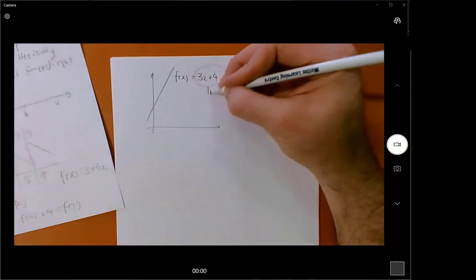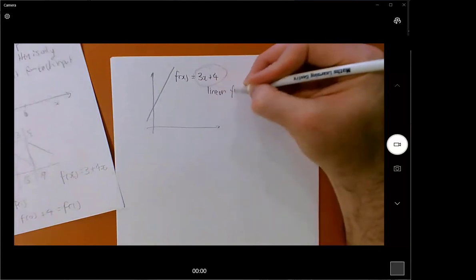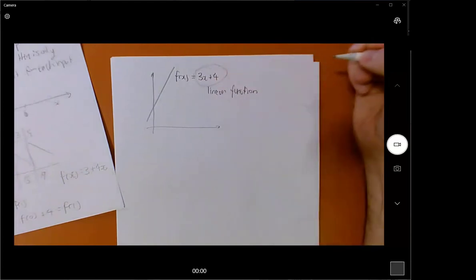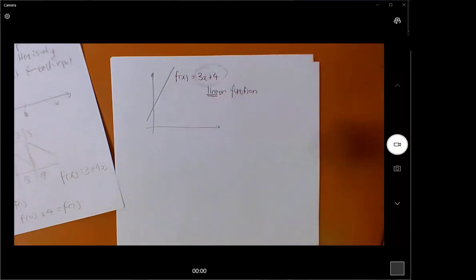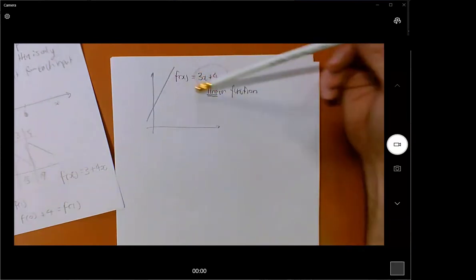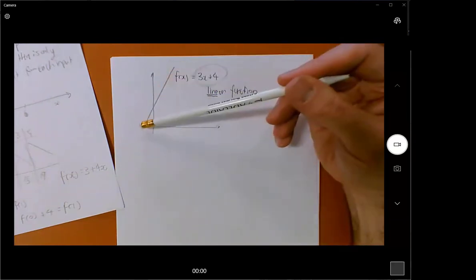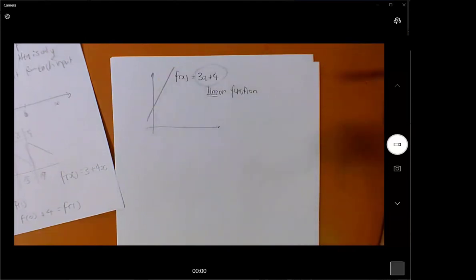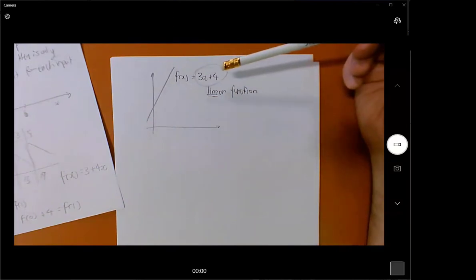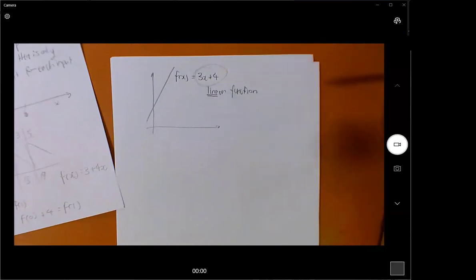And so this is a linear function because when I draw its graph, it's a line. And people have been studying these for a long time, and they discovered that you could tell just by looking at this formula where and how steep this line is going to be without having to actually plot any of the points. I can imagine what this line must look like just from the way that this formula is arranged.